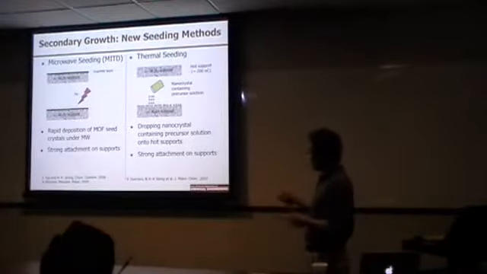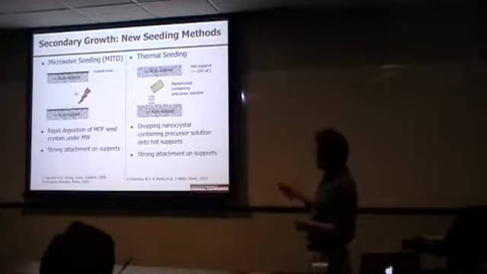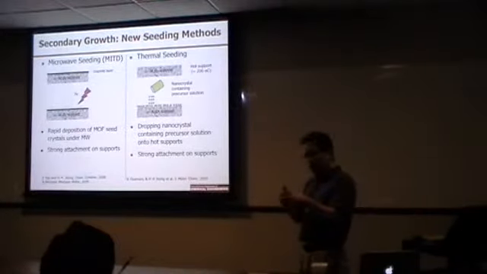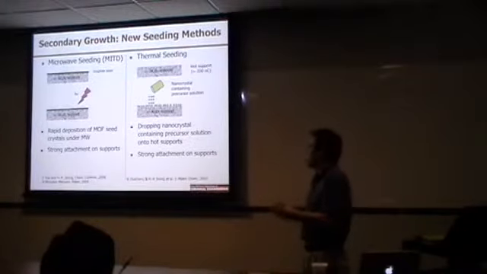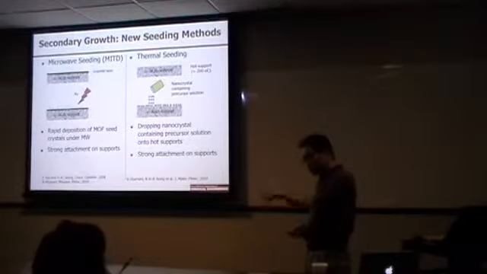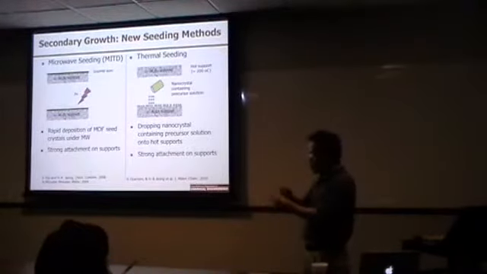I'm not going to go into detail, but let me just talk a little bit about this technique, which is kind of exciting. You take the support and you put graphite, or you sputter carbon, for instance, or sputter, say, a thin conductive layer, say metal. Now you take this and put it into the precursor solution and you shine the microwave. Now what happens is that you have a conductive surface, a very thin conductive surface, by the way.